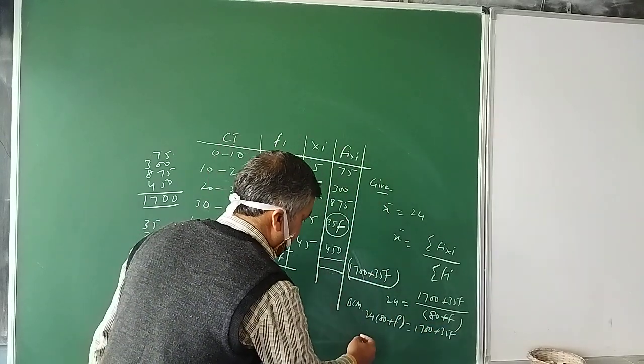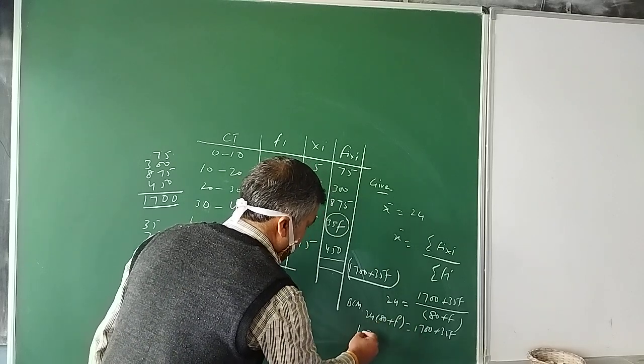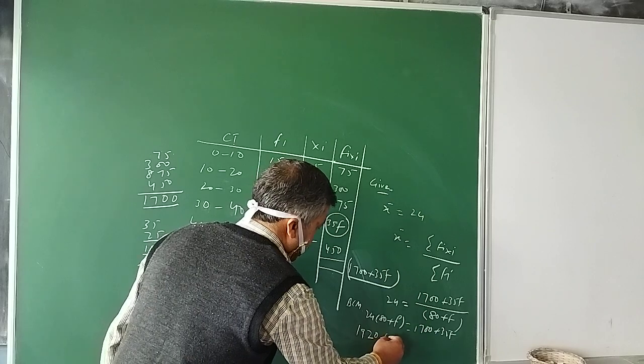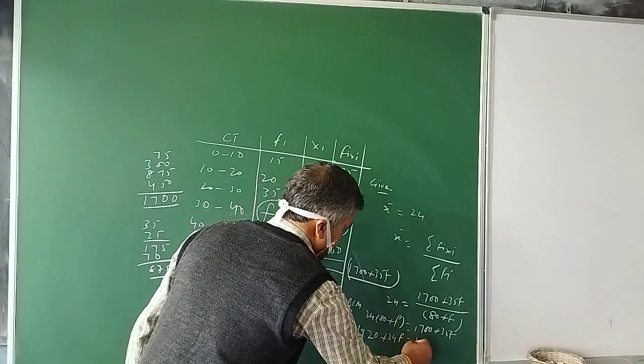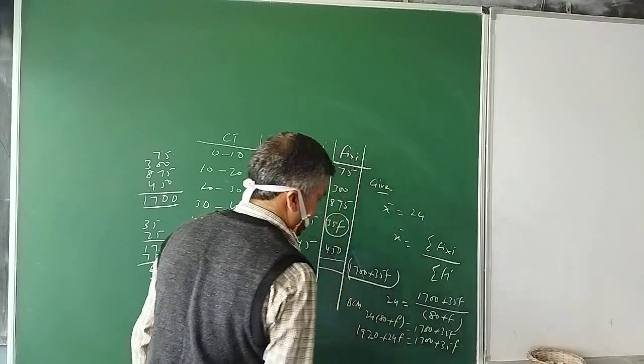Now solve this bracket: 1920 plus 24F is equal to 1700 plus 35F.